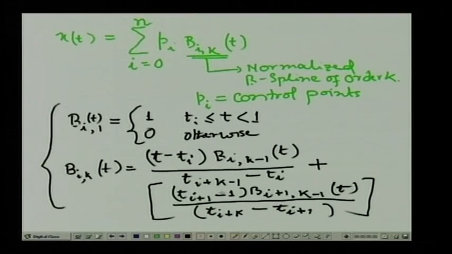Now, once we have this relation for b_i,k(t), you can easily verify that once I have b_0,k(t), then b_i,k(t) is nothing but a translate of b_0,k(t).